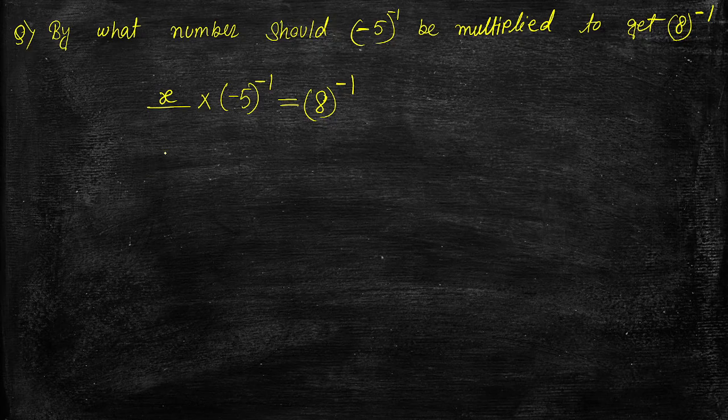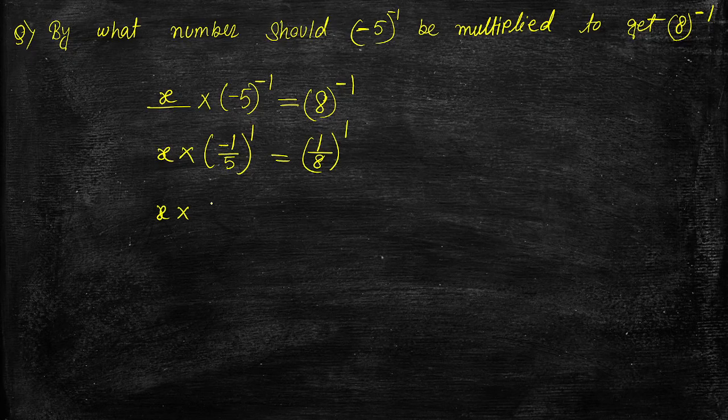Now if we solve it, that is x into minus 5 to the power minus 1, that is minus 1 by 5 to the power 1, because if the power is negative we will do the reciprocal. Similarly here 1 by 8 to the power 1.